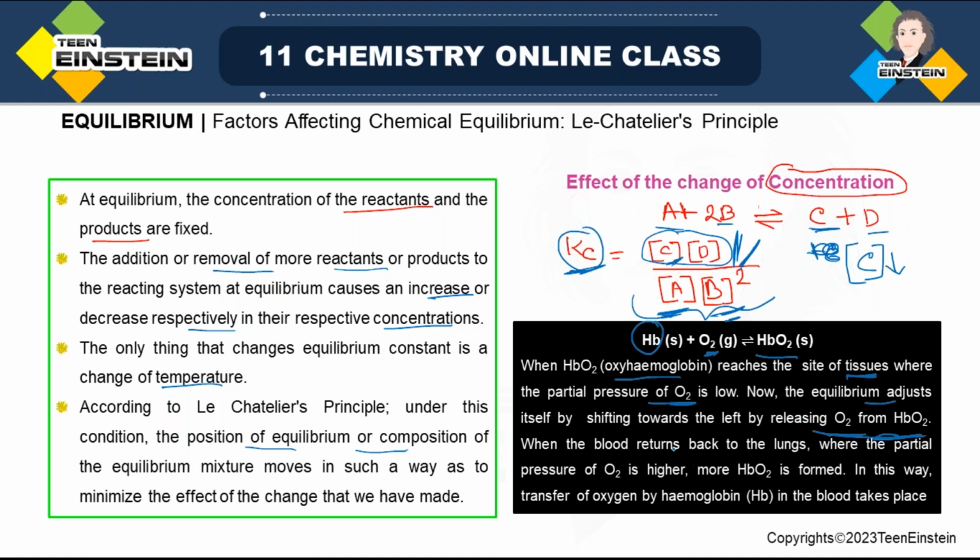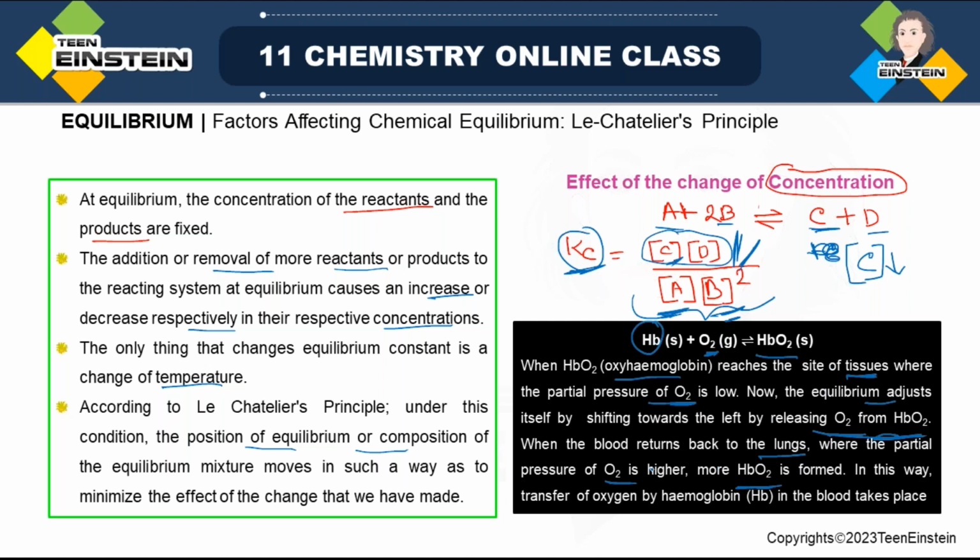After this process, the blood returns to the lungs, where the partial pressure of O2 is high because we have taken oxygen from outside, from air. Now when it is high, obviously Hb will combine with O2 and more HbO2 will be formed, so the partial pressure of O2 is decreased.